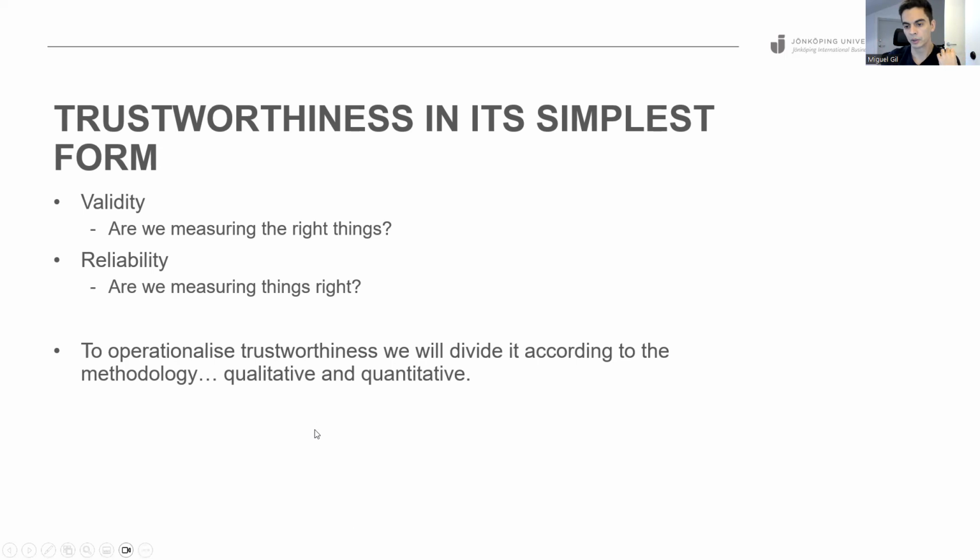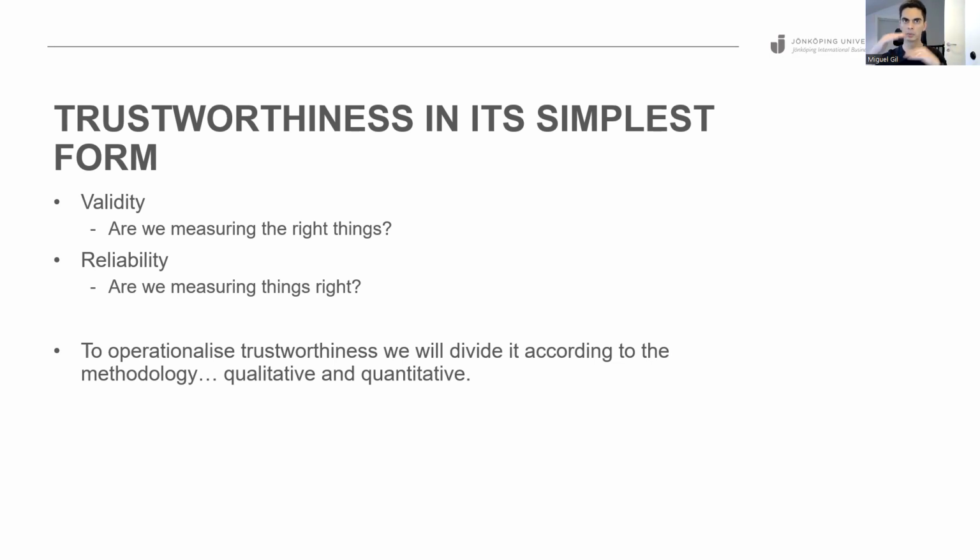So because of that, we are going to divide today's lecture into quantitative and qualitative research, where I will go into the aspects you need to report and how you can address that also in your research design. It will always be a work in parallel. On one side, I will remind you of the things that you have to report in your method section, the concepts that you need to report, and in parallel, the things that you need to keep in mind while you are designing your research, the things you need to remember when you're thinking about doing interviews or a survey, or how to analyze all of these things.